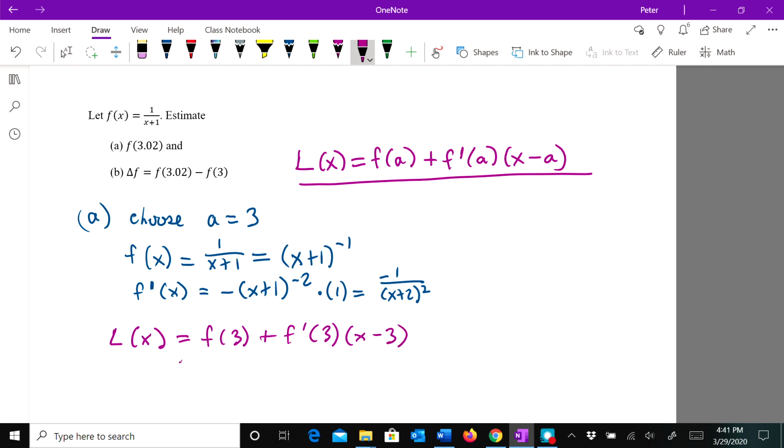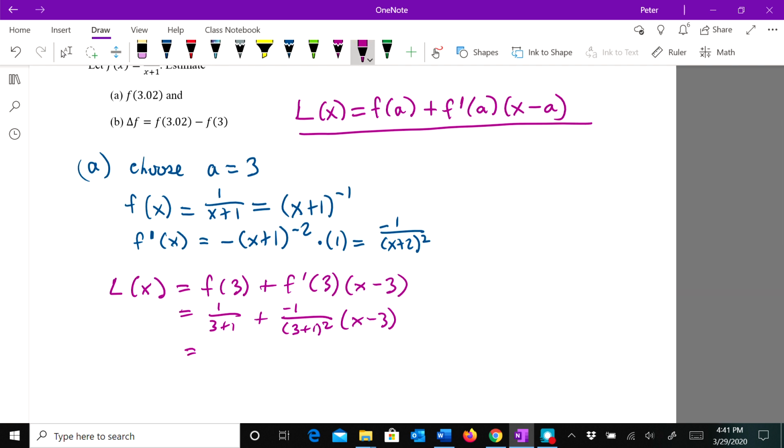So that's going to equal, f of 3 is 1 over 3 plus 1, plus f prime of 3, which is negative 1 over 3 plus 1 squared, times x minus 3. So that will come out to L of x equals 1 over 4 minus 1 over 4 squared, which is 16, times x minus 3.